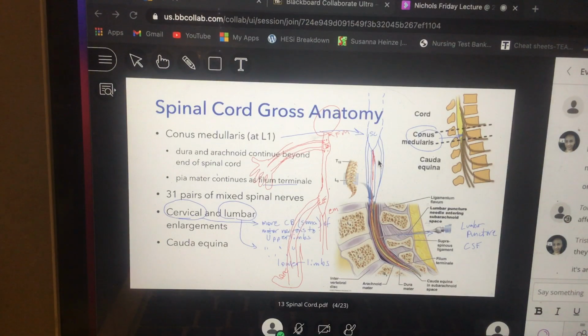And then all of the nerves that are still contained in the vertebral canal, all of these spinal nerves below the end of the spinal cord, they all kind of bundle together.